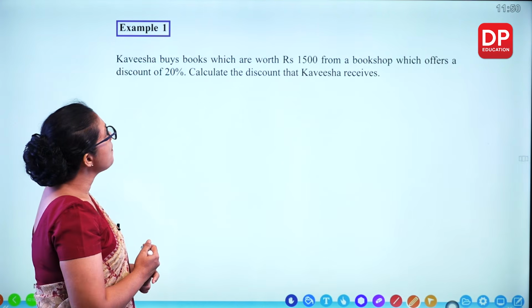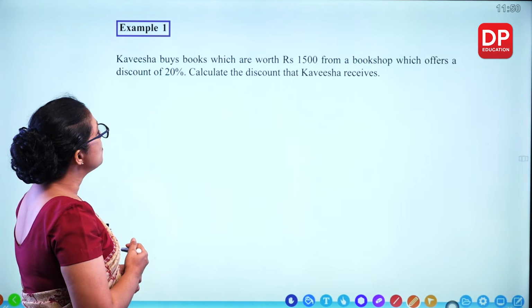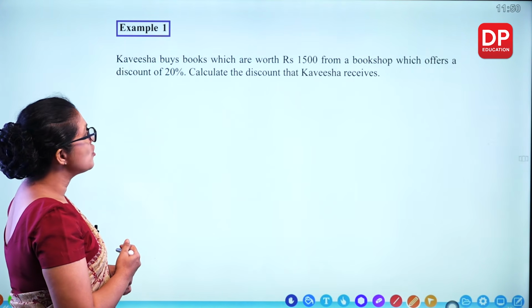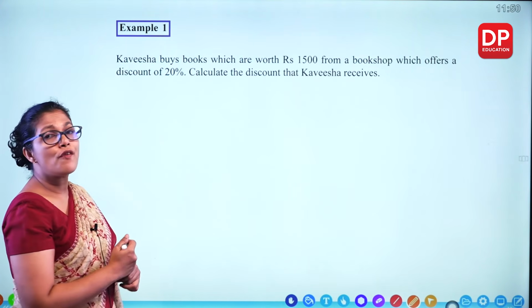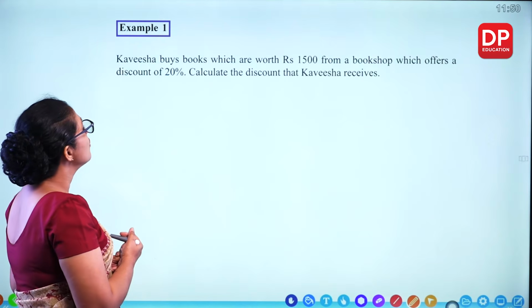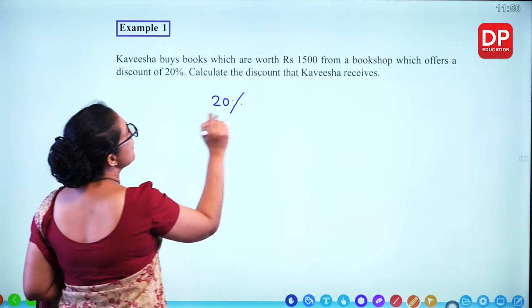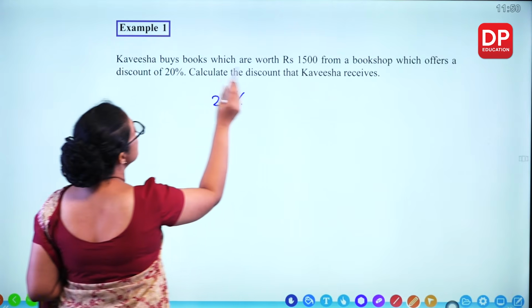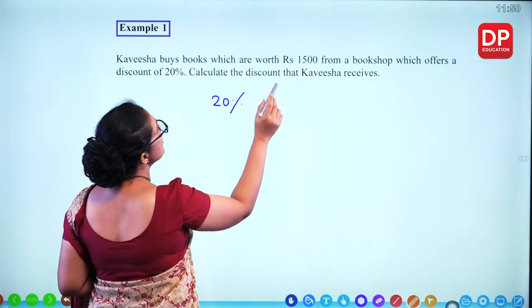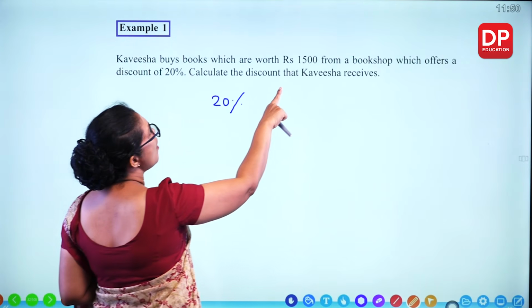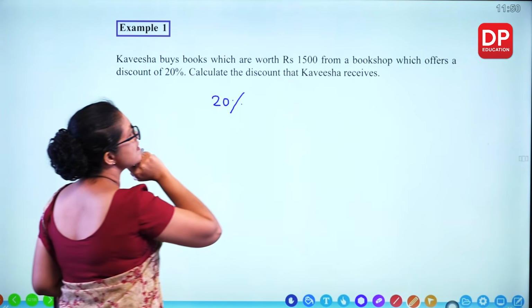Example number 1. Kavisha buys books which are worth 1,500 from a bookshop which offers a discount of 20%. So 20% discount now. And that's worth 1,500. Calculate the discount that Kavisha receives.